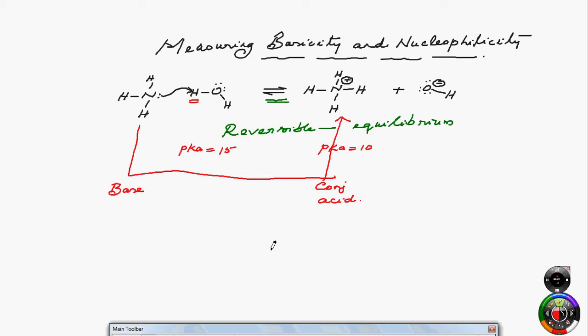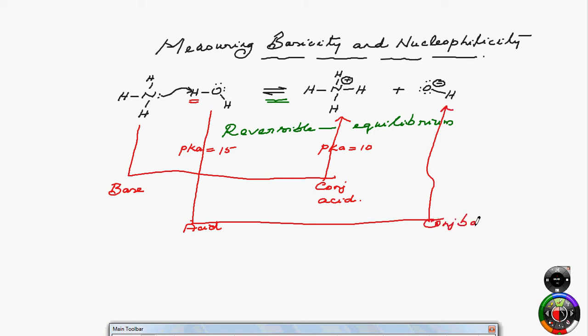Similarly, the acid H2O is becoming its conjugate base OH minus.